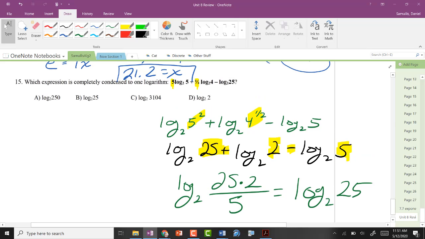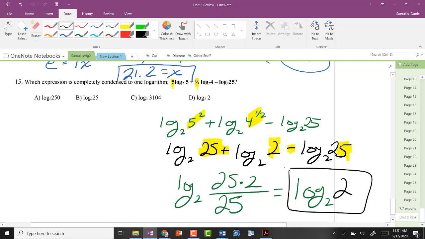Hold on, I messed up somewhere. That was supposed to be a 25, and that wasn't right anyway. It was supposed to be 10, the way that I did it. Okay, we'll fix it. So what does that give us? Log base 2 of 2.